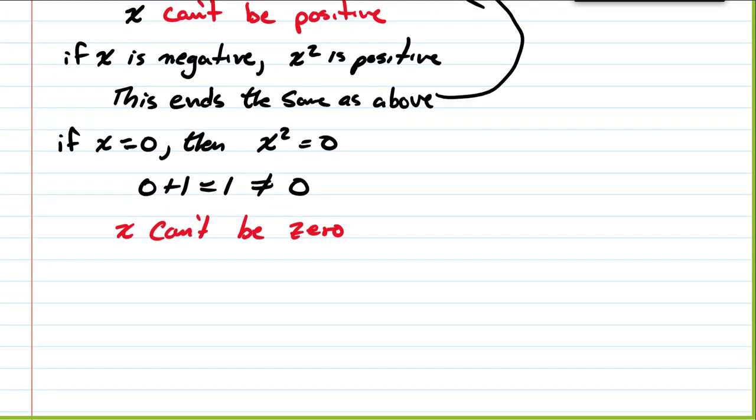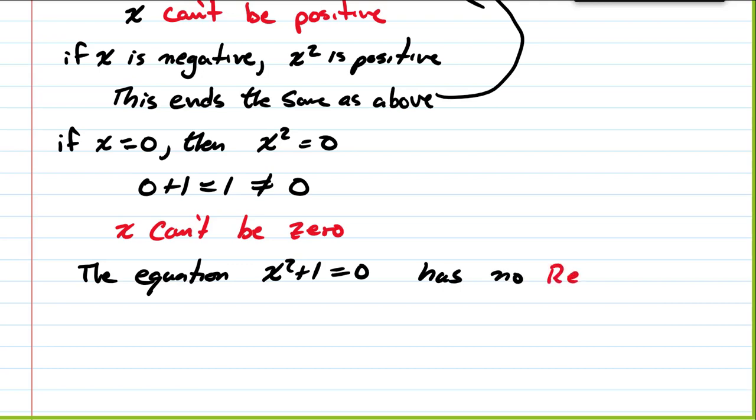So this tells us that the equation x squared plus 1 equals 0 has no real number solutions.